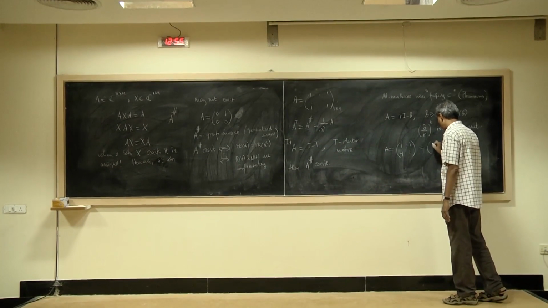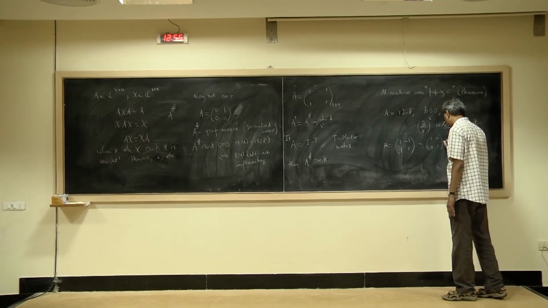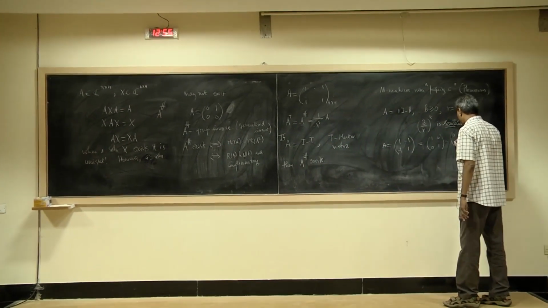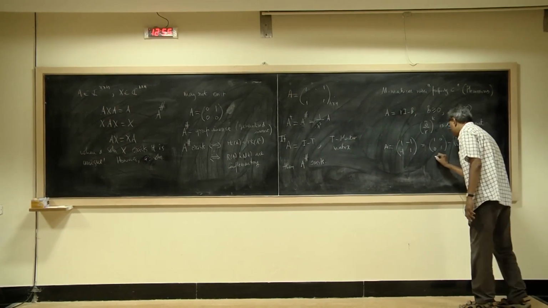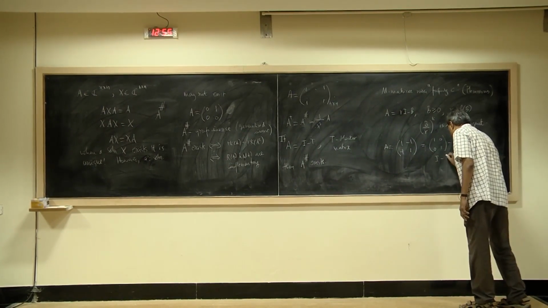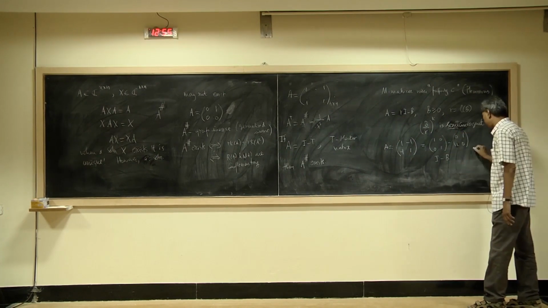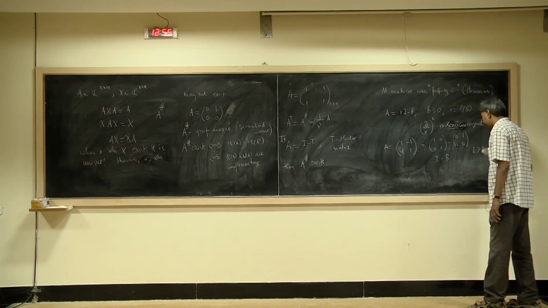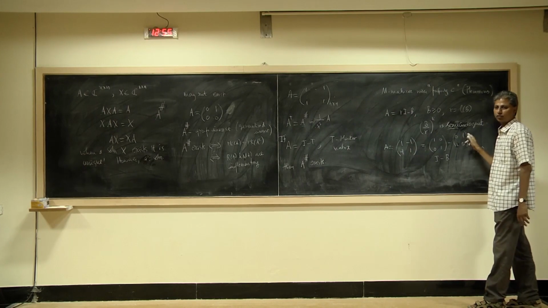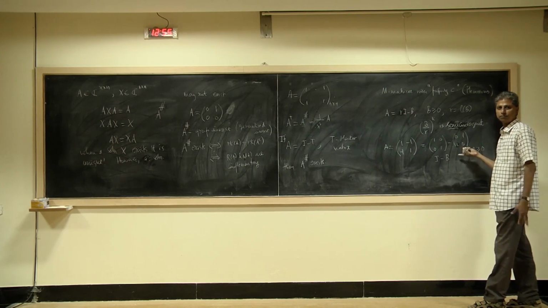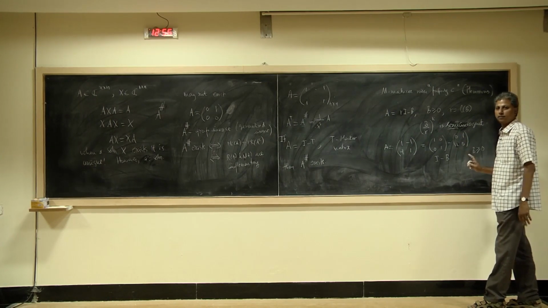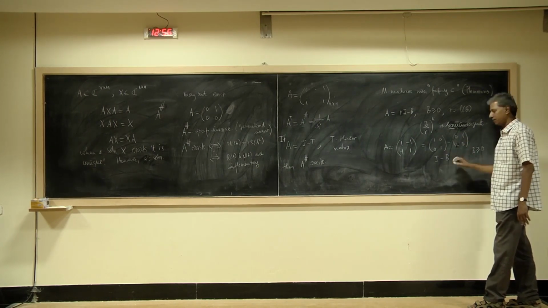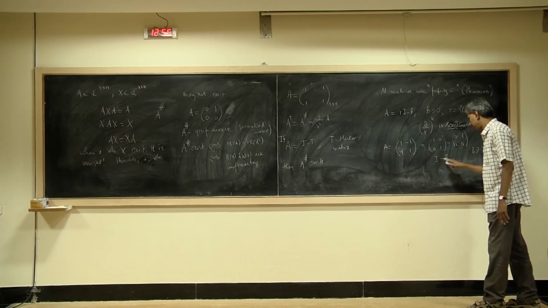You can write this as [1 0; 0 1] minus [0 1; 1 0]. This is identity minus B. B is non-negative and lambda squared minus 1 equals 0. The spectral radius of this is 1. So this is a singular M matrix, I minus B.